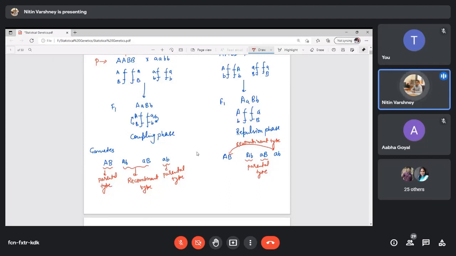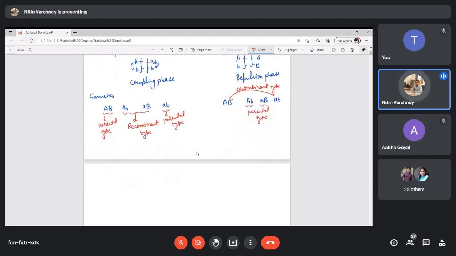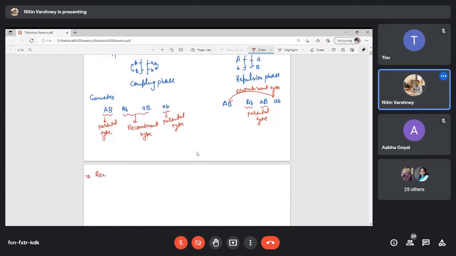From the above we come to know that the recombinant type in the coupling phase is the parental type in the repulsion phase, and vice versa.